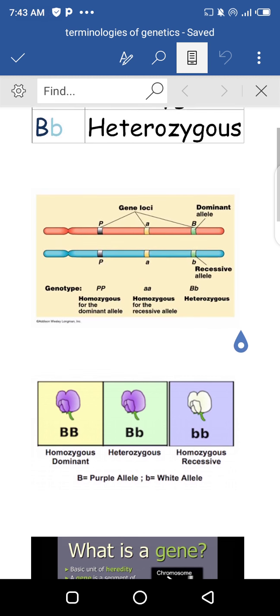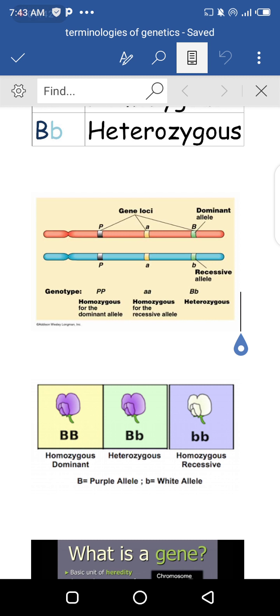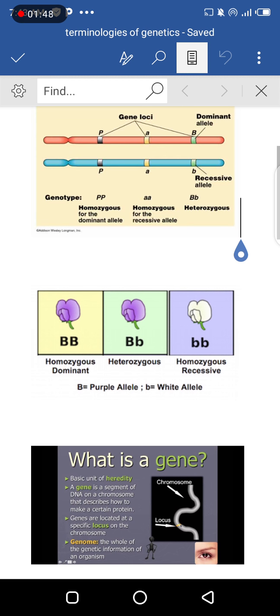So in this figure you can see that capital B is a dominant allele, and small b is a recessive allele. And in another example here you can see the homozygous dominant, heterozygous, and homozygous recessive.